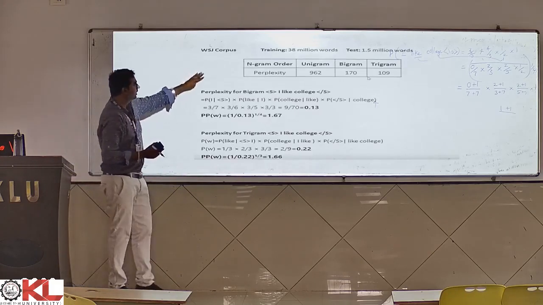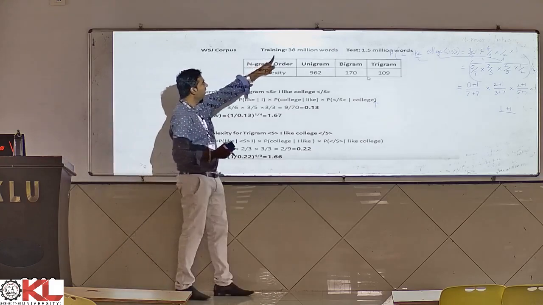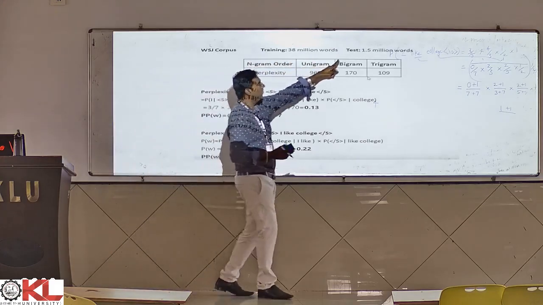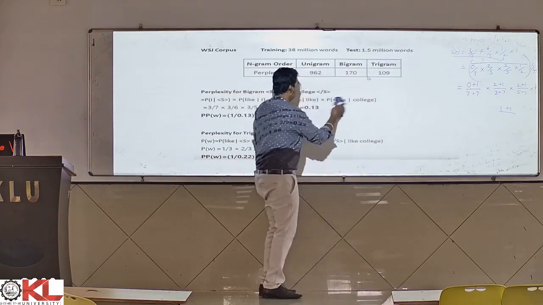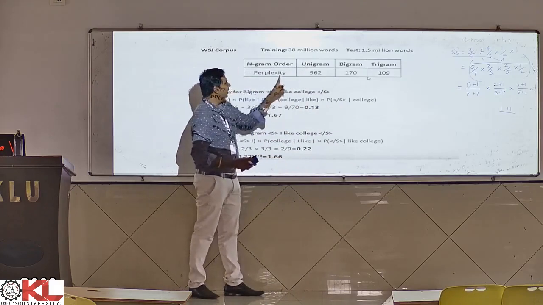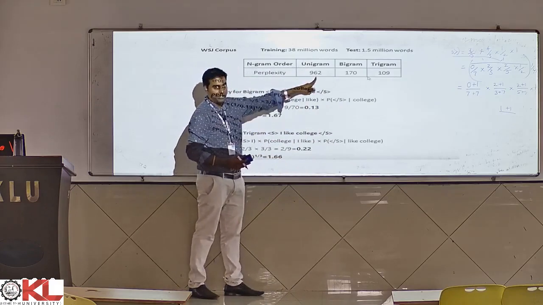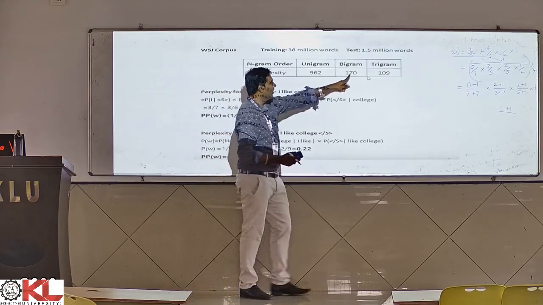This is one of the examples given of the WSJ corpus. It has training of 38 million words and is tested with 1.5 million words. While using the unigram model, the perplexity value is 962. While using the bigram model, the perplexity value is 170.